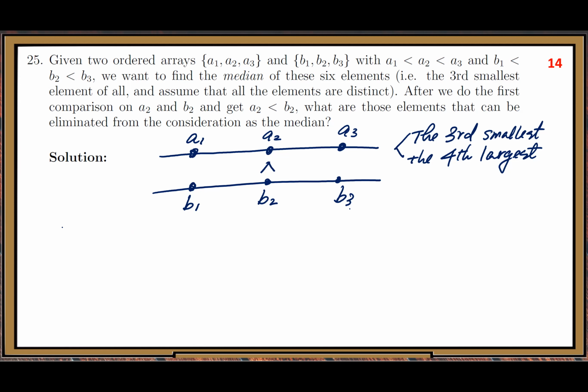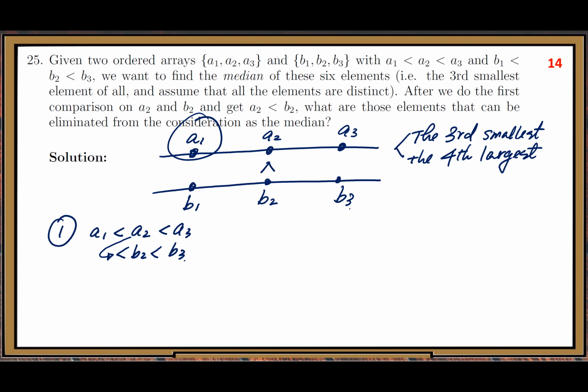First, let's look at step 1. Let's look at A1. For A1, we can say it is less than A2, less than A3, and also less than B2 through A2, and less than B3.